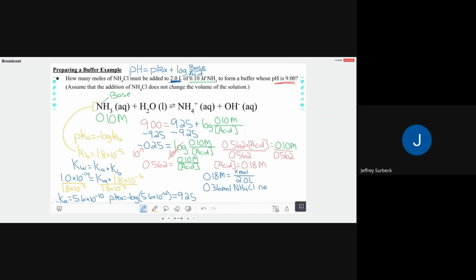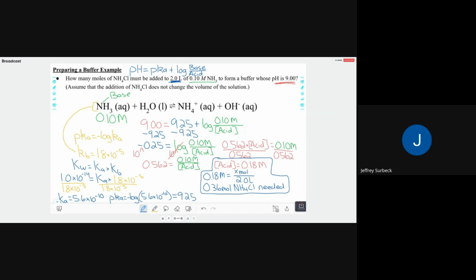Okay. So the point is this: we can use the Henderson-Hasselbalch equation to produce a solution with our desired pH. All we have to do is insert our certain quantities. Now, I want to point this out. Notice here, our desired pH of 9 is lower than the pKa of 9.25.